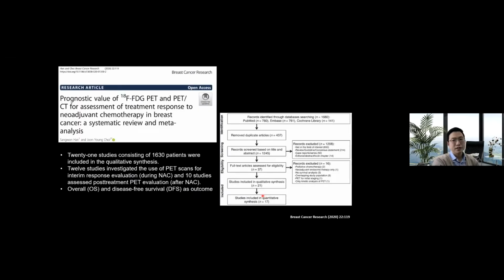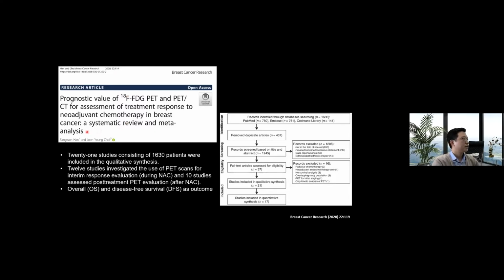And similar studies have been done for 7 years. Multiple studies were performed over 7 years, and recently there was a meta-analysis to include all of those study results.